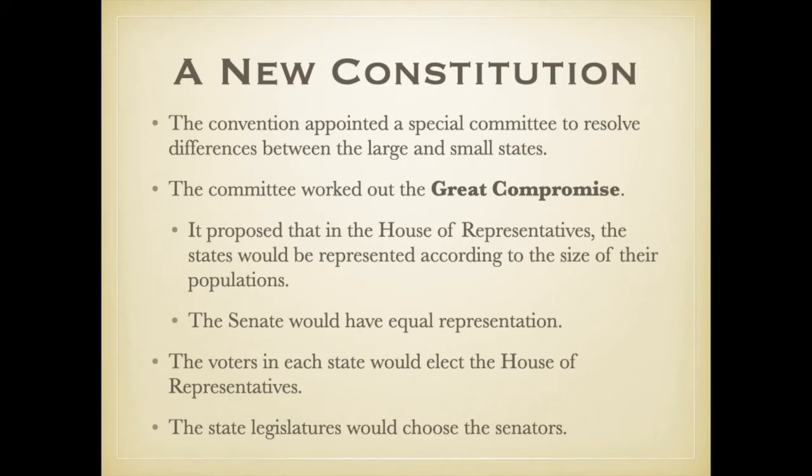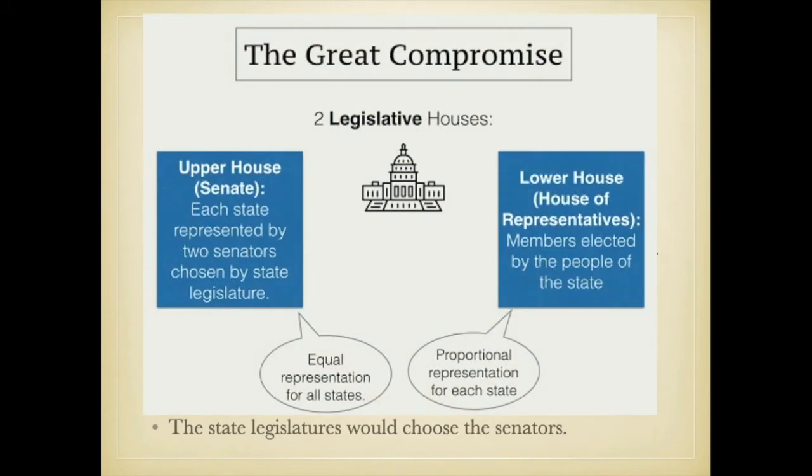The committee worked out the Great Compromise. It proposed that in the House of Representatives, the states would be represented according to the size of their populations. The Senate would have equal representation. The voters in each state would elect the House of Representatives. The state legislators would choose the senators.